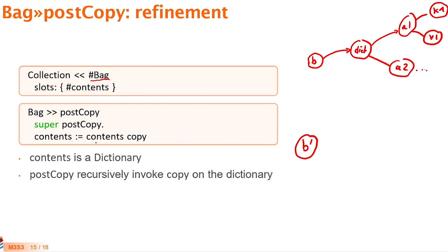So here I will recursively send a copy to the contents, which is a dictionary. So the dictionary will be copied, and my copy will have its own dict prime there. Now, is it enough? Because if I just do that, it means that the associations will be shared, and if I change the value at a specific key, it will not work.